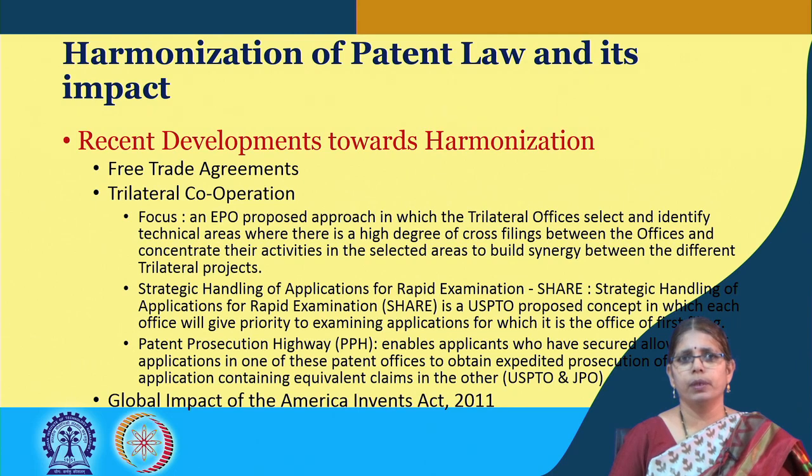And of course, there has also been an impact of the America Invents Act in the case of the US, and how some changes have made big changes with respect to certain amount of documentation at the patent office in relation to the aspect of the US patent code.